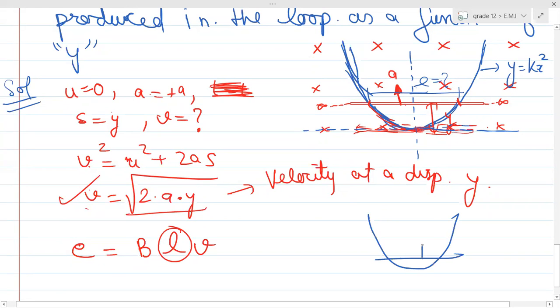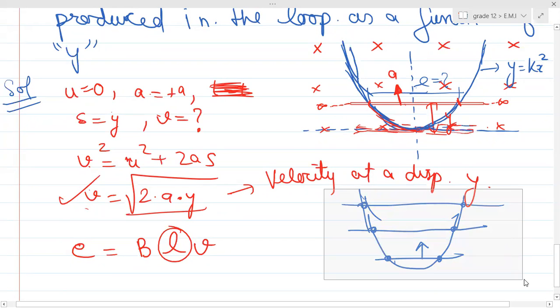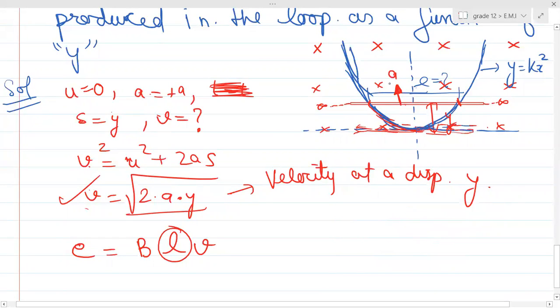As this thing keeps on moving, at different positions, the length will keep on increasing. Initially the length is this, then this, then this. So you need to find the general length of this thing when it is at a distance y.